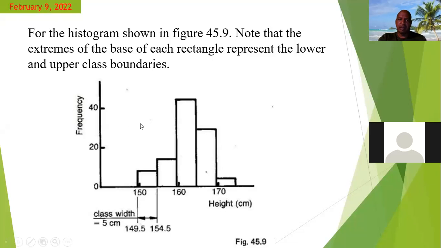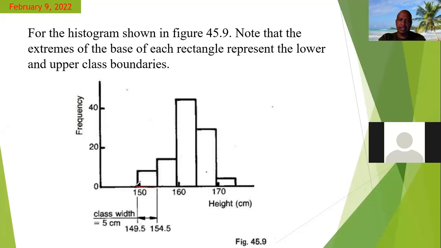Now, for the histogram, one of the things that we need to make a note of is that the base of the histogram, the side that it sits down on, the edges of the base, they are resting right at the boundary values. So in other words, the base is a flat side that the rectangle sits on.